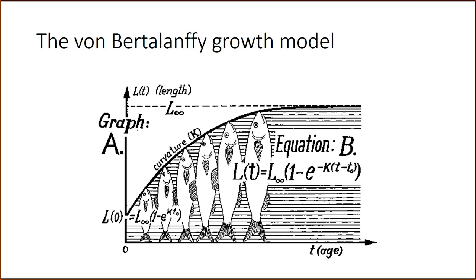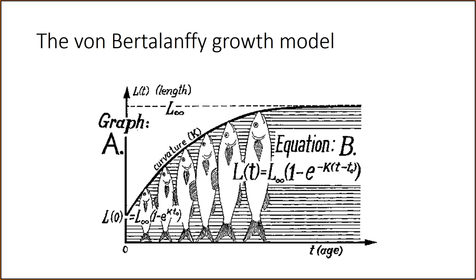This is a Von Bertalanffy growth model, as we all know and love it. It was designed to model the growth of an individual fish based on that differential equation that shows the difference between anabolic and catabolic energy expenditures and how those relate to increases in size and weight.